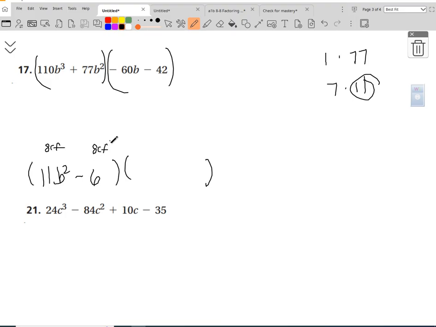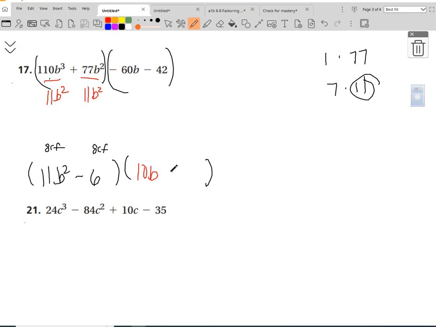What's step 4 say to do? Divide, right? We divide the first group by what? Yes, the greatest common factor of that group. In this case, it is 11b to the second power. So 110 divided by 11 is 10. b cubed divided by b squared is b.